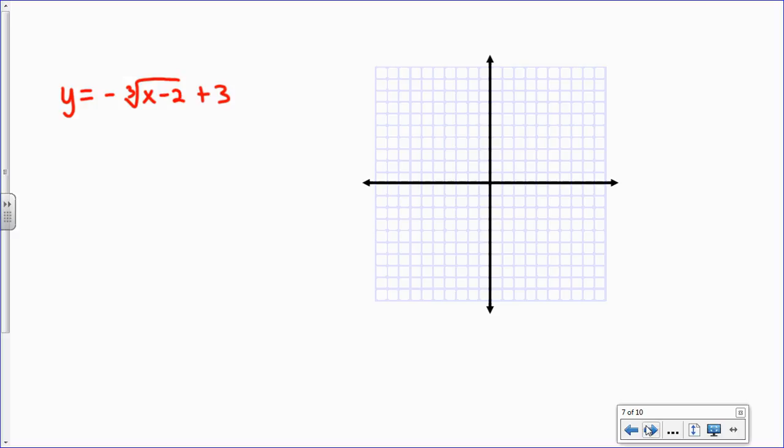So I'm going to call that g of x just so I can have a more specific name for it. What is the parent function? Okay, cube roots. So this also has an inflection point.